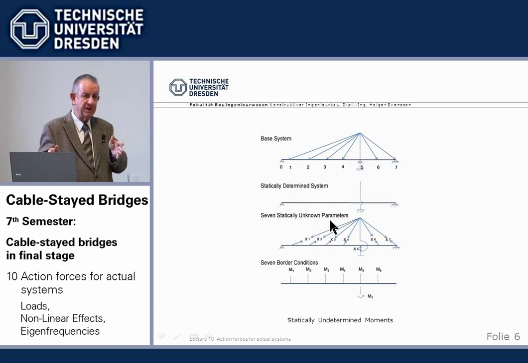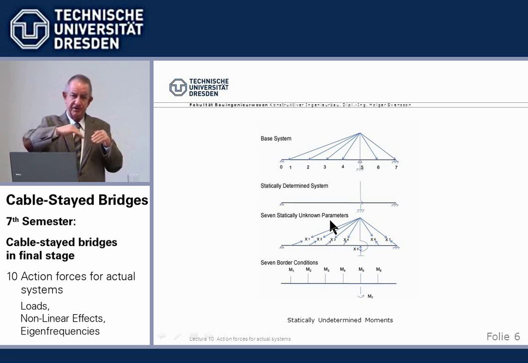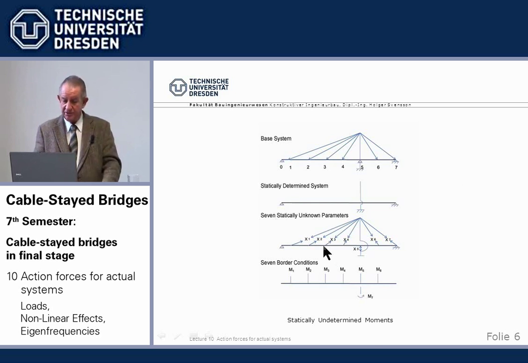We have 7 here, so we can choose. Now it's appropriate to choose for the right-hand side those which are closely related to the statically unknowns. Related to the cables are the beam moments. So we choose here the beam moments.